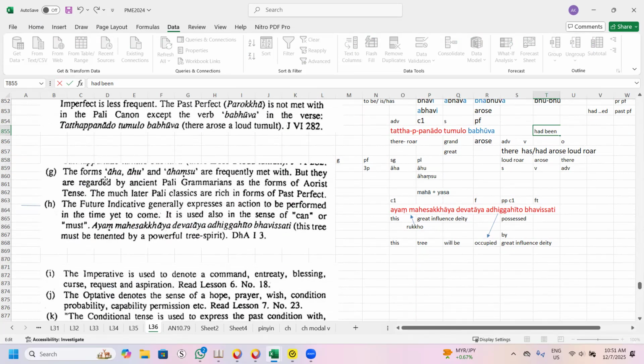Number G. Can you see here? This is a perfect tense. This is singular. For instance, here is the word aha, ahu, aha. This is singular. This is plural.